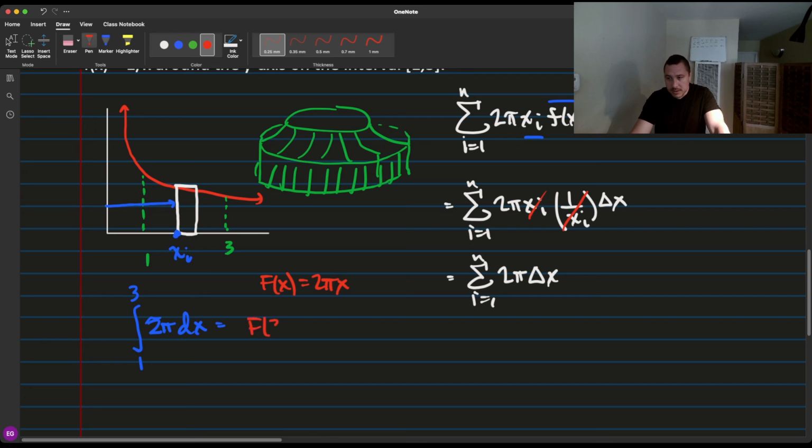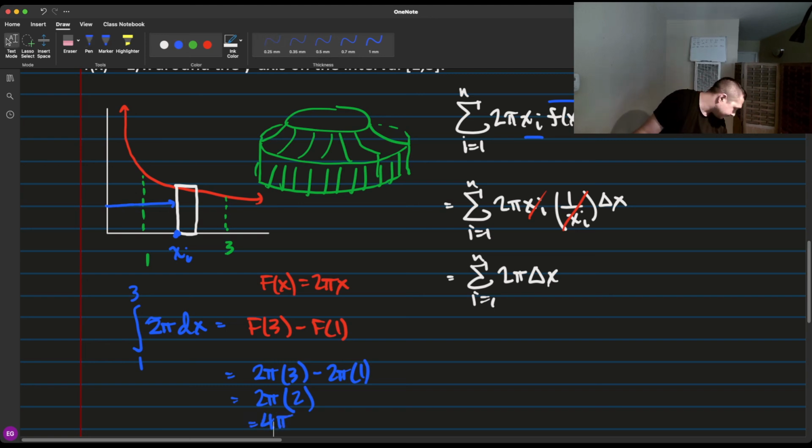So we're going to want F of 3 minus F of 1 by the fundamental theorem of calculus, which is going to give us 2 pi times 3 minus 2 pi times 1. If you factor out the 2 pi, 3 minus 1 is 2, so you get 4 pi. Cubic units of volume for that shape.